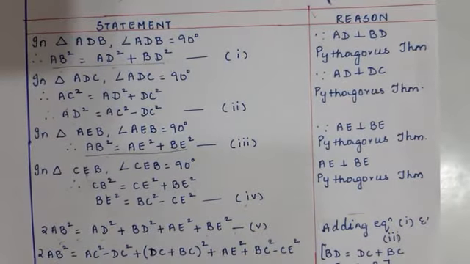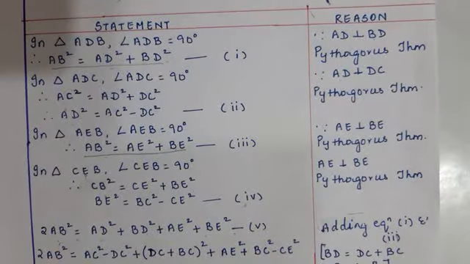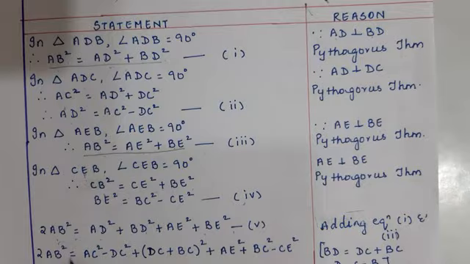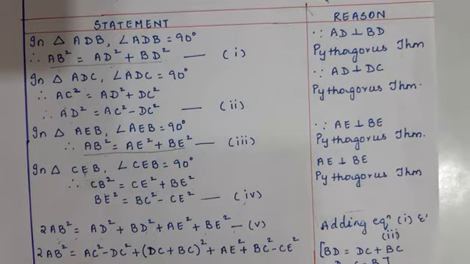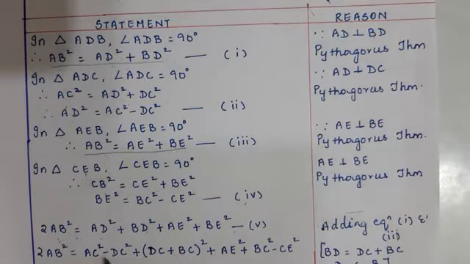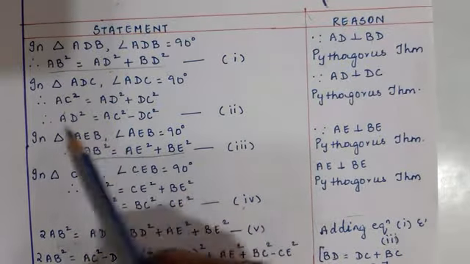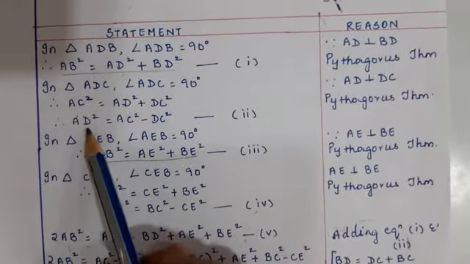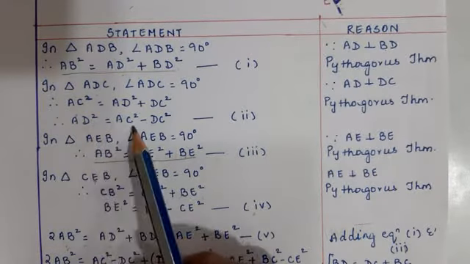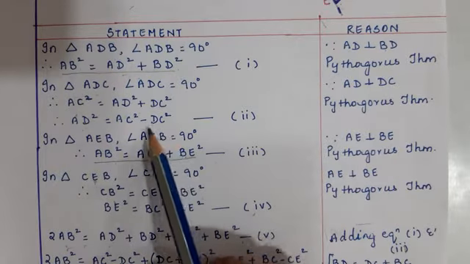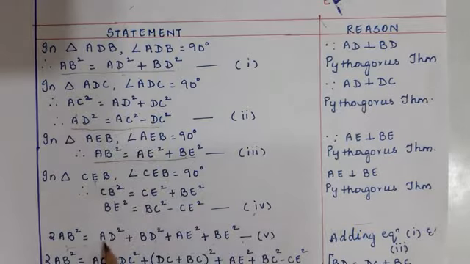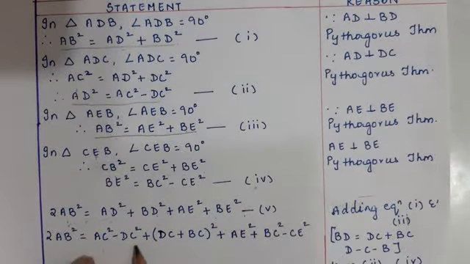Now what we can do is, here AD square is replaced. How did I get this? I have connected these two equations. Here we got AD square is equal to AC square minus DC square, so I have replaced this AD square by AC square minus DC square.